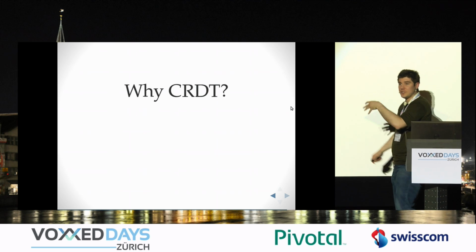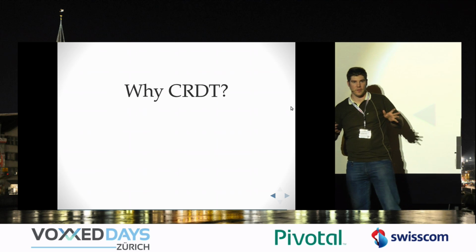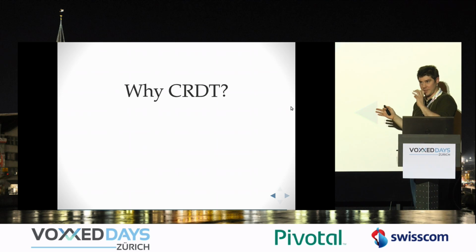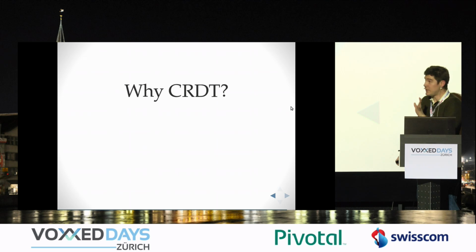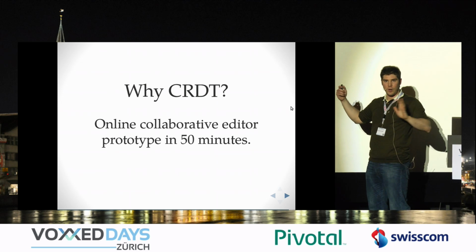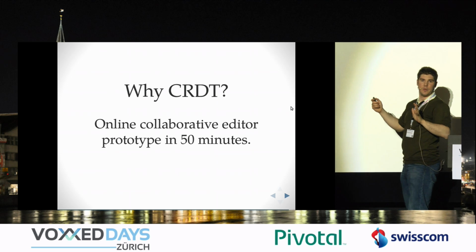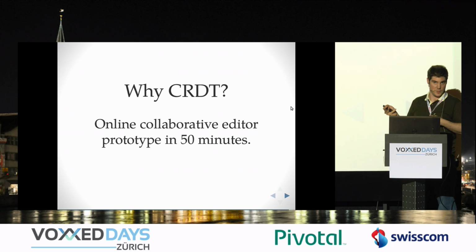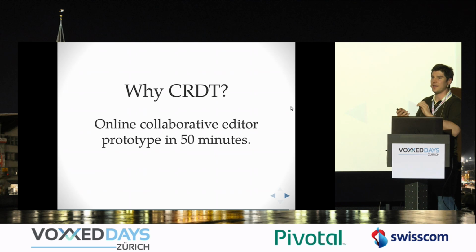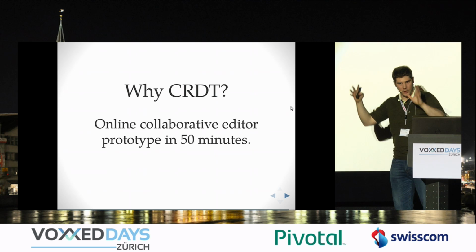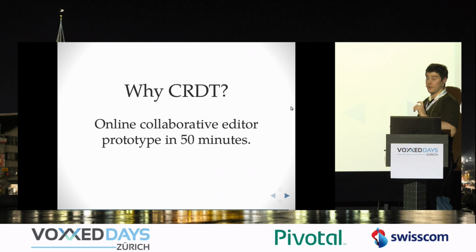And then the question is, why did I actually show you this very complex data structure called a CRDT, whatever that means? Well, there are 2 reasons. First, we just implemented an online collaborative editor in less than 50 minutes, which tells you that there are some nice properties about the system, because it composes nicely and is able to declare these distributed algorithms in a very concise and convenient way.